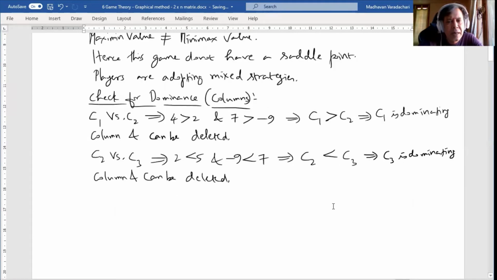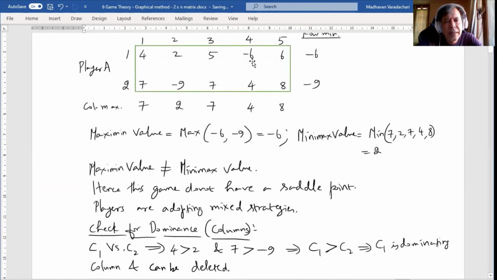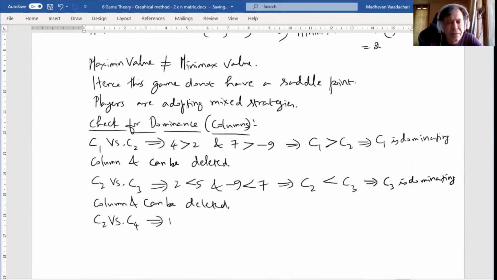Now we'll compare C2 versus C4. 2 is greater than -6, whereas -9 is lesser than 4. So no dominance, I can straight away write. Then C2 versus C5.